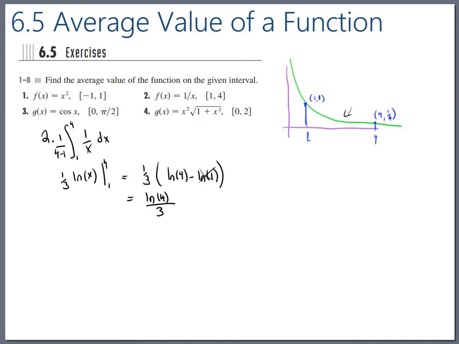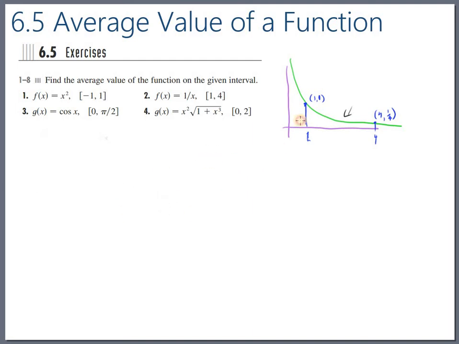For number 4, we've got a slightly more complicated function. I'm not going to try to just graph it by hand. You can graph it on the calculator if you want to get an idea of what's going on here. Number 4 is going to take a little bit more integration work, but the same idea.